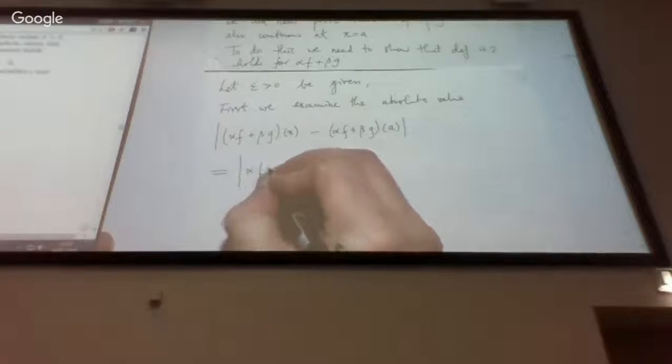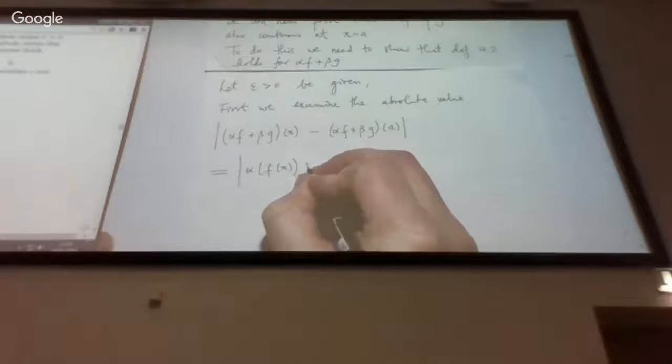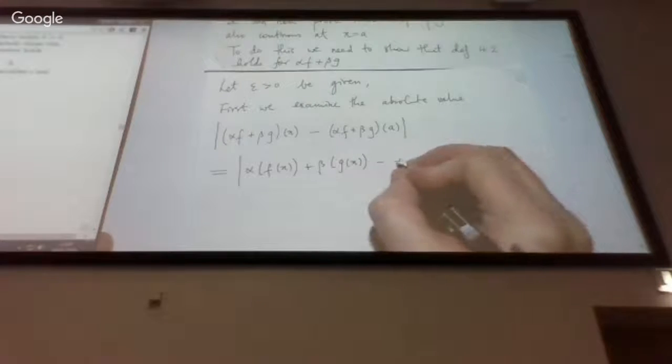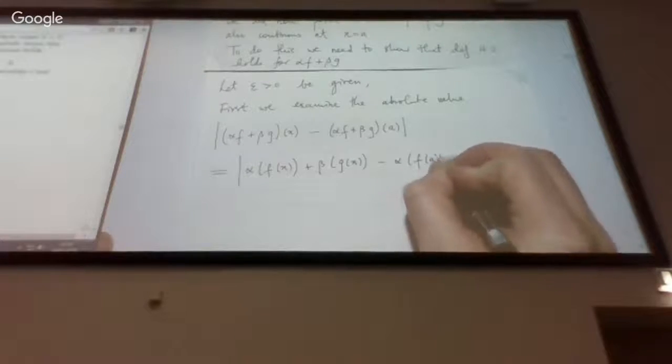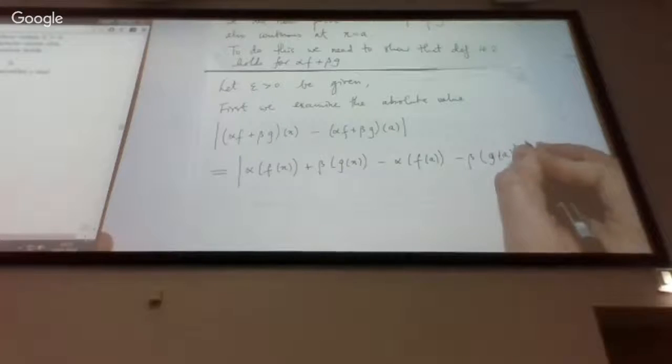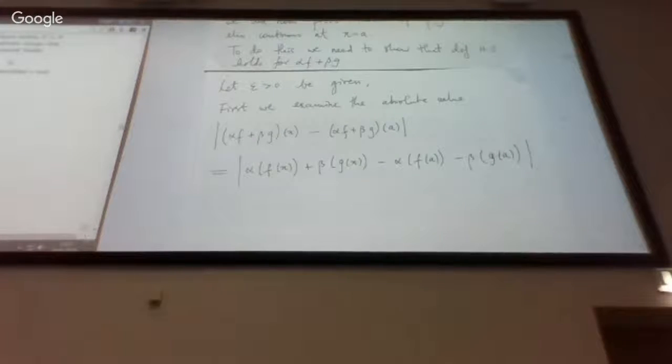So this is alpha times f of x plus beta times g of x minus alpha times f of a minus beta times g of a. So all I've done there is apply the definition of what it means to add functions together and take scalar multiplication of functions. Alpha f plus beta g evaluated at x is simply alpha times f of x plus beta times g of x.